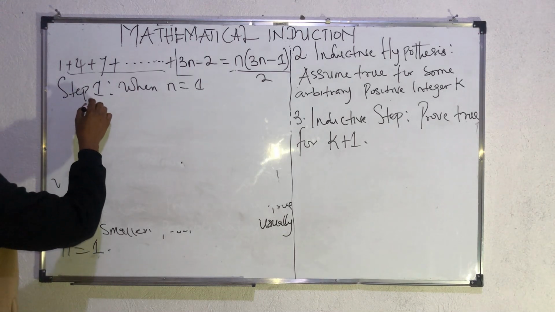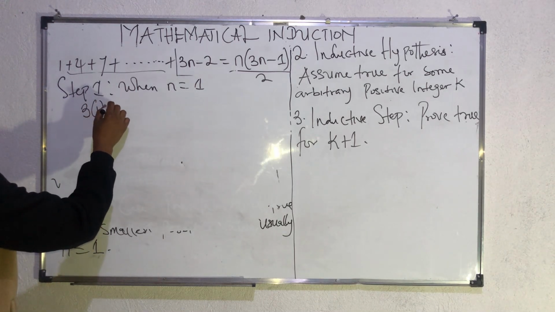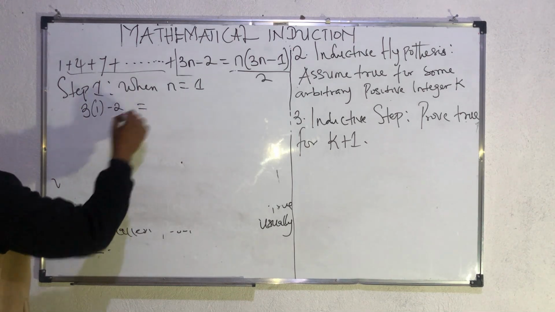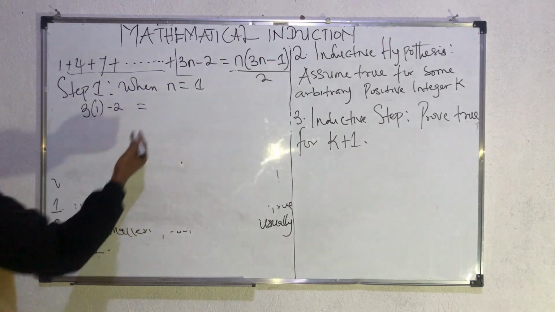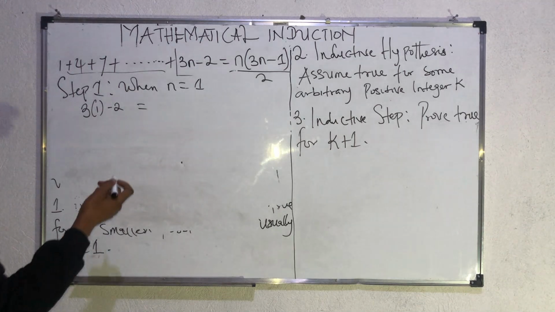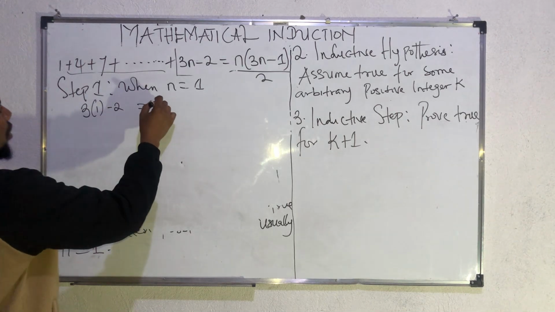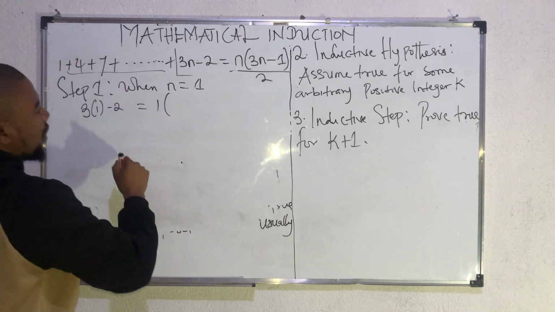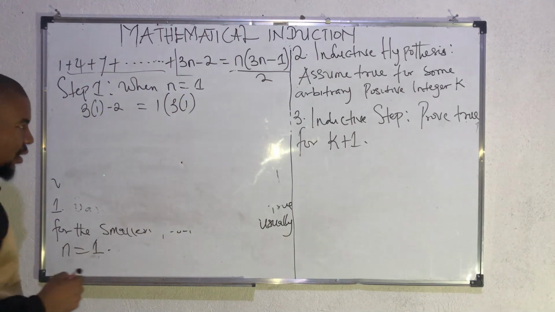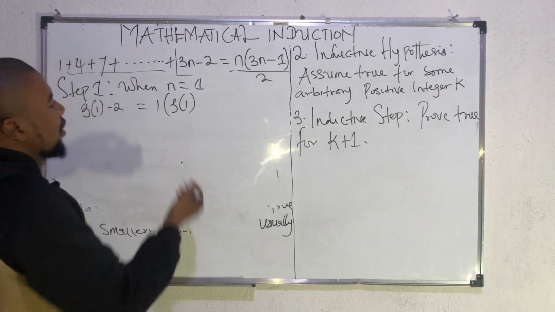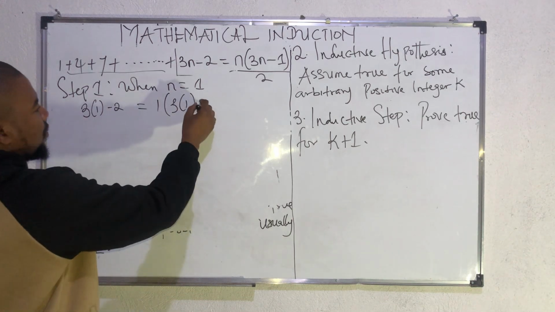We have 3 multiplied by 1 minus 2. This is equal to, and I'm going to bring down the right part, 1 multiplied by 3. Wherever we see an n, we simply put 1 for n.